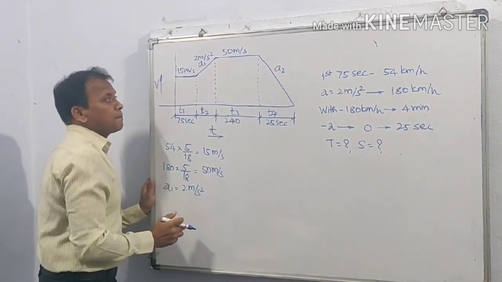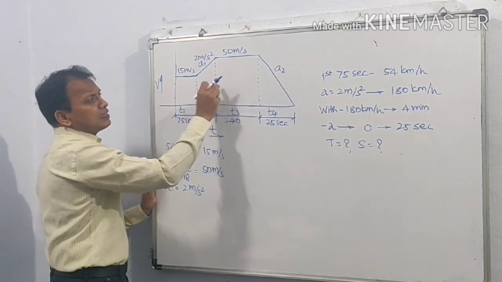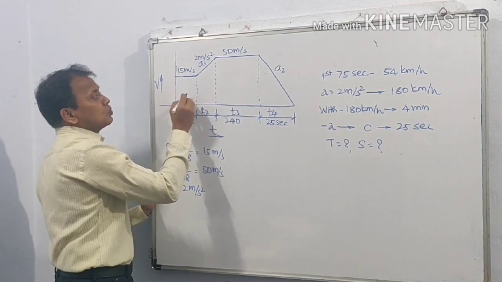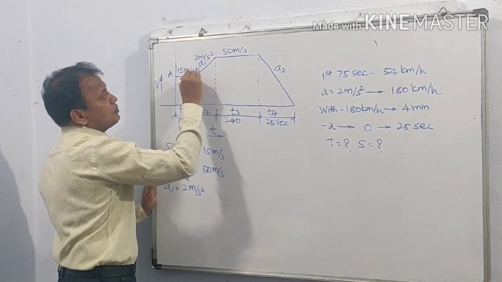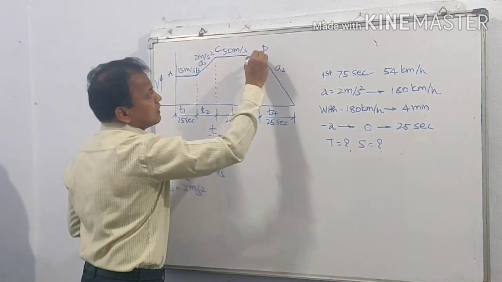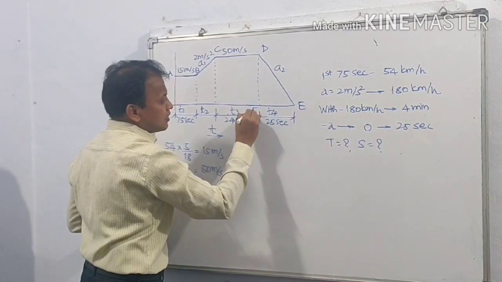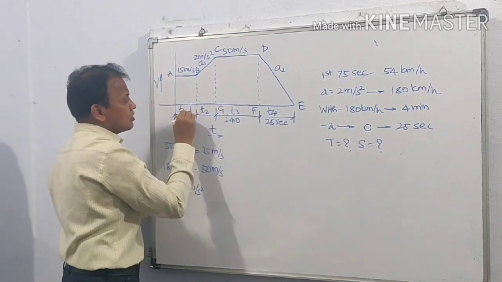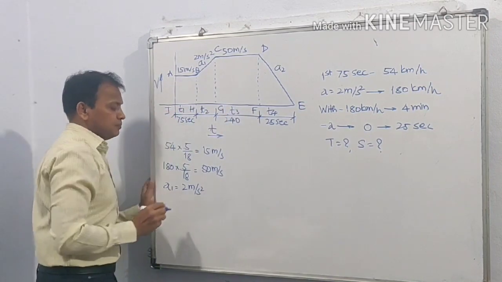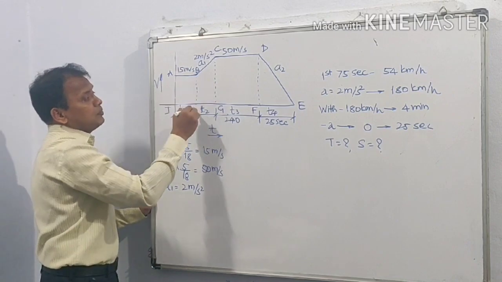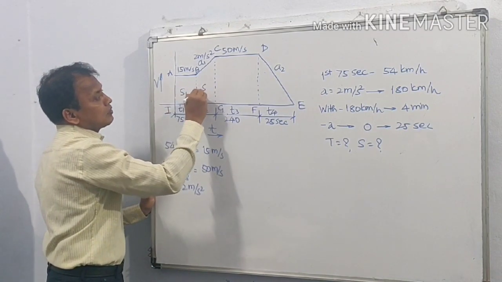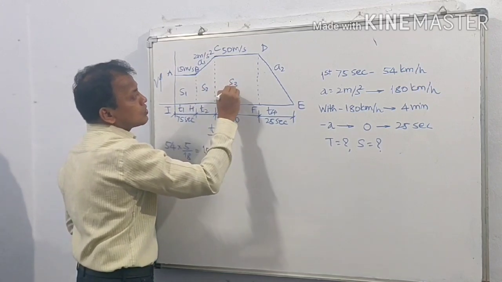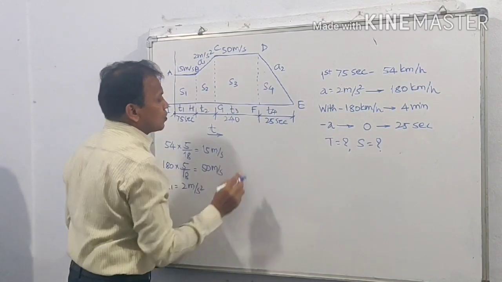So this is t4. Now, area under graph: let us give names A, B, C, D, E, F, G, H and I. The areas are S1, S2, S3 and S4.